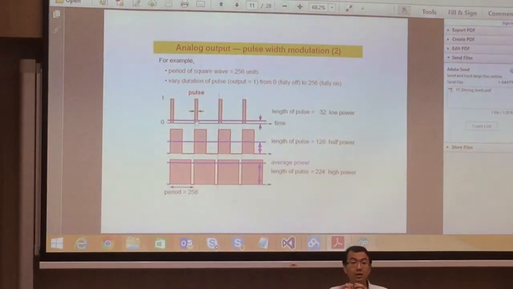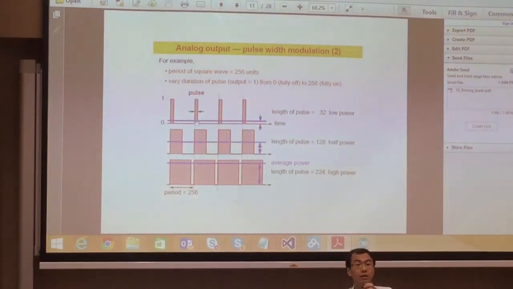This is very similar to the movie. For movies, you see continuous motion, but what kind of frame standard do we have? We have 30 frames per second, which is the standard for the movie.